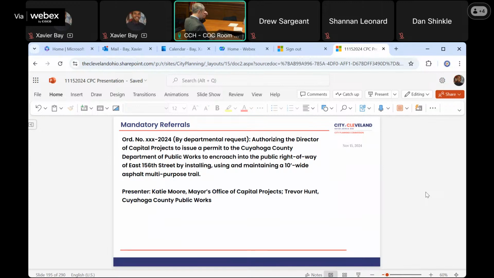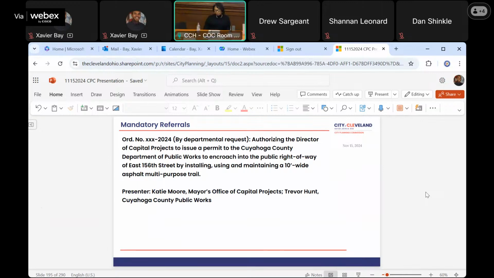So it's three points of public access, all ADA accessible. The county, working with the city of Cleveland and the Metroparks, needs a street encroachment permit. We're not vacating the right of way, but doing work within the right of way at these two locations, Shore Acres Drive and East 156th Street. So we'll need two separate motions, just so you know.